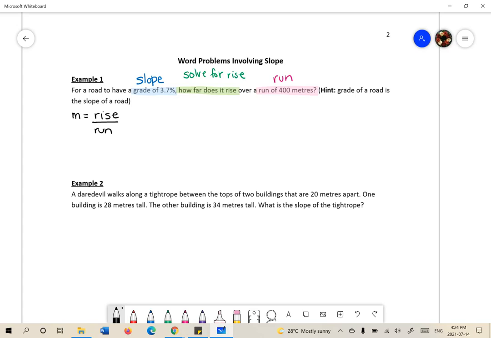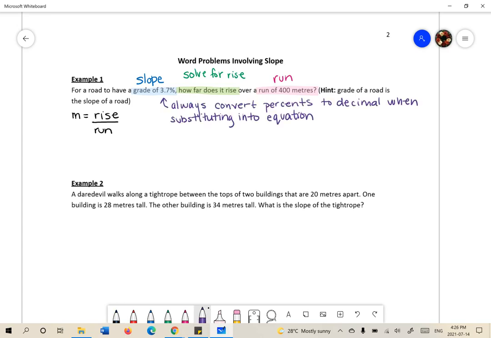Whenever you're given a percent in a question, before you use that value in your calculations, ensure that it's in decimal form. To convert from percent to decimal form, I'm going to take my percent and I'm going to divide it by 100. So 3.7% is equal to 0.037.